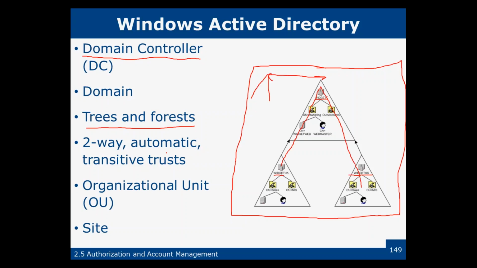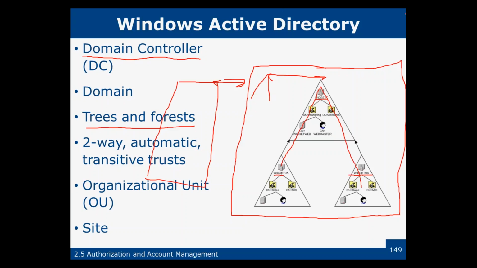So we have two-way automatic transitive trusts in forests. If we wanted complete isolation, we would need to make another forest. And then we could create manual trusts between them if we needed to share resources amongst them.